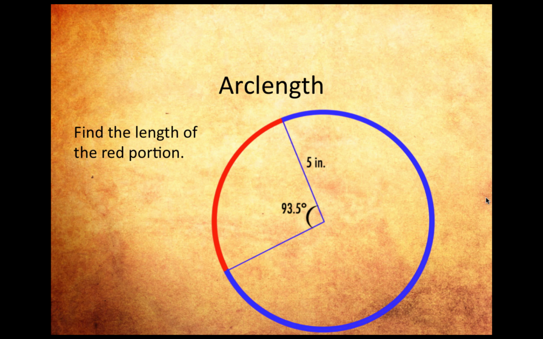Pi d. Yeah, diameter times pi. So what's the diameter? So what's the radius, the circumference? 10 pi, right? So we have 10 pi. Okay, so the entire circle is 10 pi.